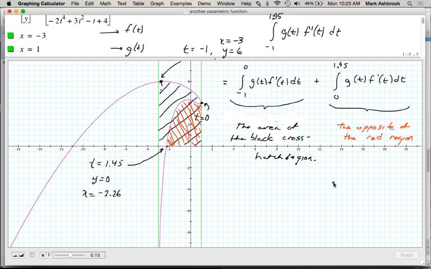What do you mean by over the y-axis? This part right here? This part here? This little part right here? Okay, so is it that little part right there? You could raise your hand.